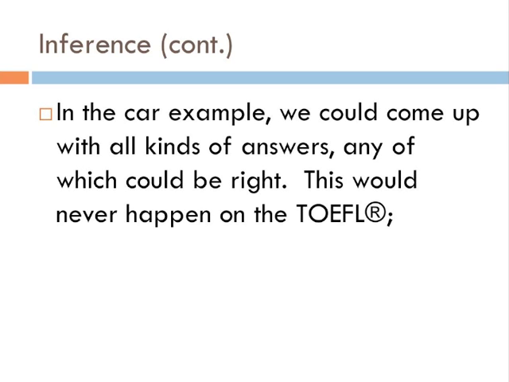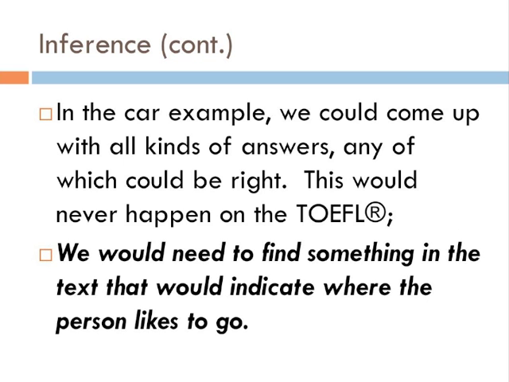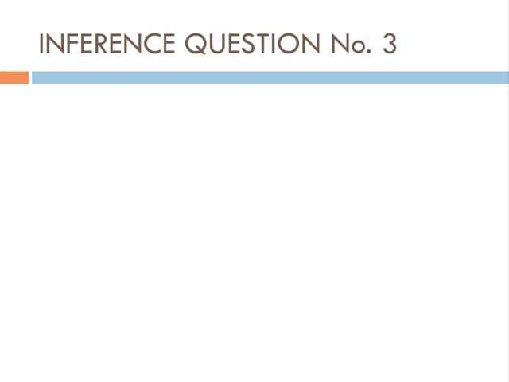In that car example, we could come up with all kinds of answers and even opinions, any of which could be right. But that would never happen on a test such as the TOEFL. We would need to find something in the text that would indicate where the person likes to go. That gives us a brief introduction to making an inference on the test.